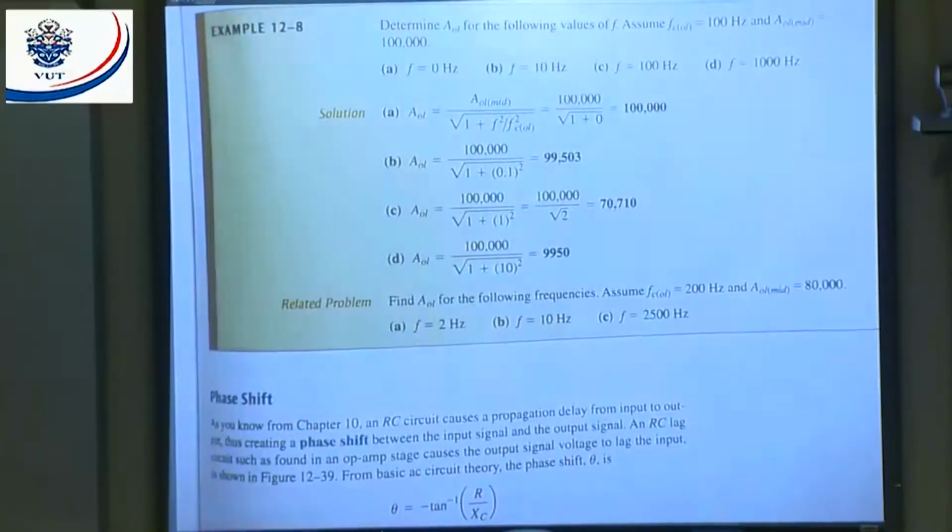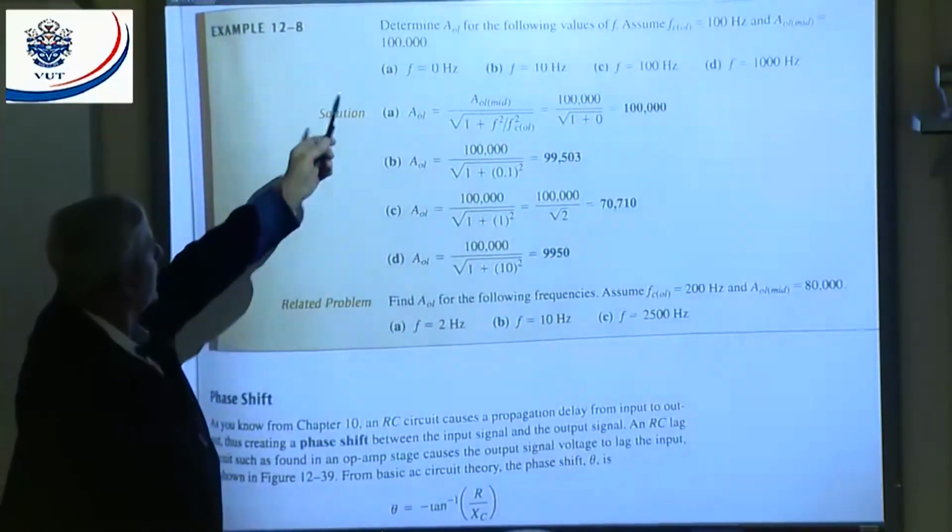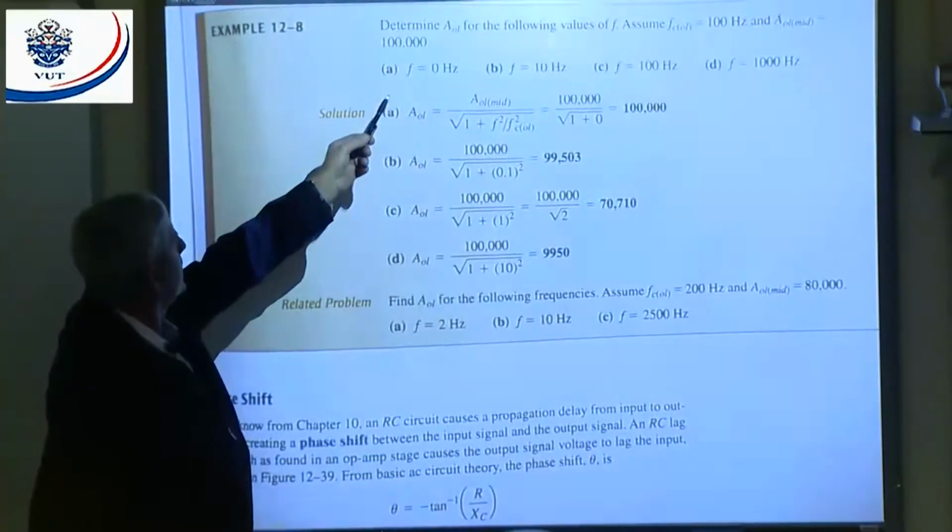Now we're going to start off by using a frequency of 0. Then my open loop gain is going to be equal to 100,000.